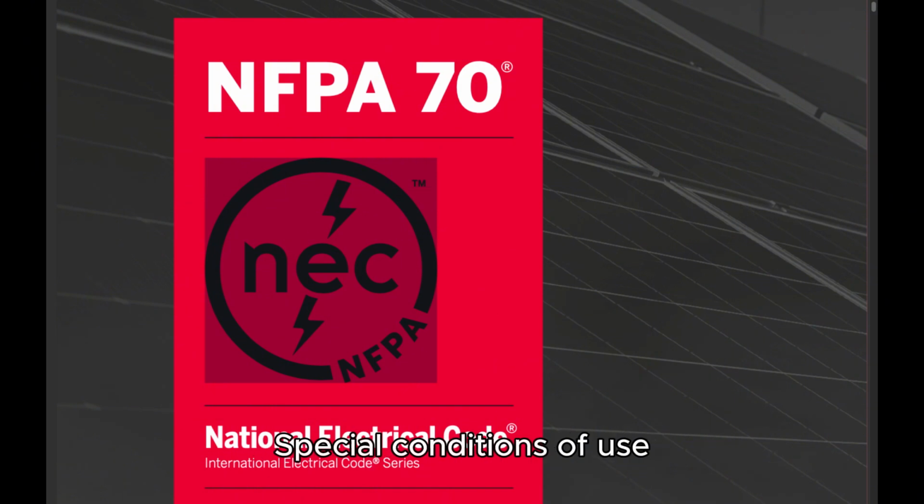Special conditions of use or other limitations and other pertinent information may be marked on the equipment, included in the product instructions, or included in the appropriate listing and labeling information. Suitability of equipment may be evidenced by listing or labeling. 2. Mechanical strength and durability, including, for parts designed to enclose and protect other equipment, the adequacy of the protection thus provided.